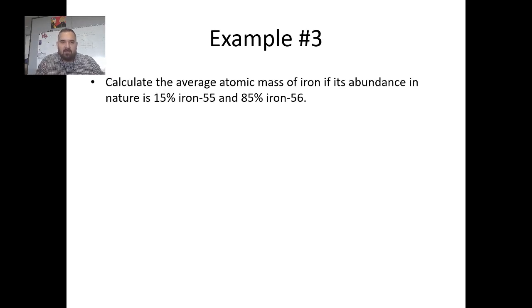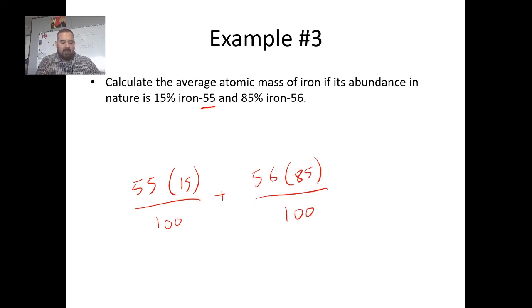All right, so for this one, we have iron 55. If they don't give us a particular mass in AMU, we're just gonna plug in 55. That's gonna be our atomic mass. So 55, and then in parentheses, we put in our 15, divide by 100, plus 56, and then 85, divide by 100. And then in the calculator, 55 times 15 divide by 100. That should have gave you 8.25. Plus 56 times 85 divide by 100.